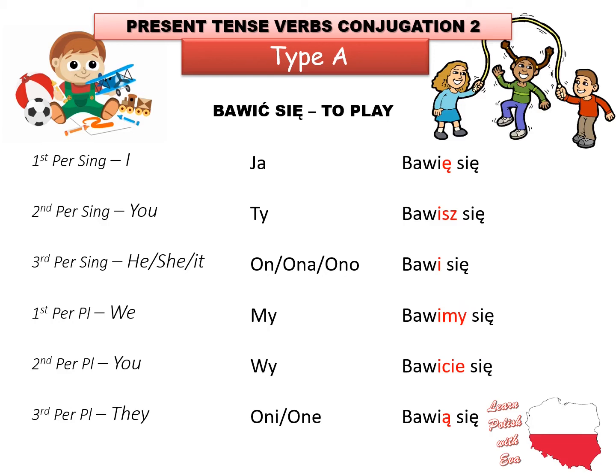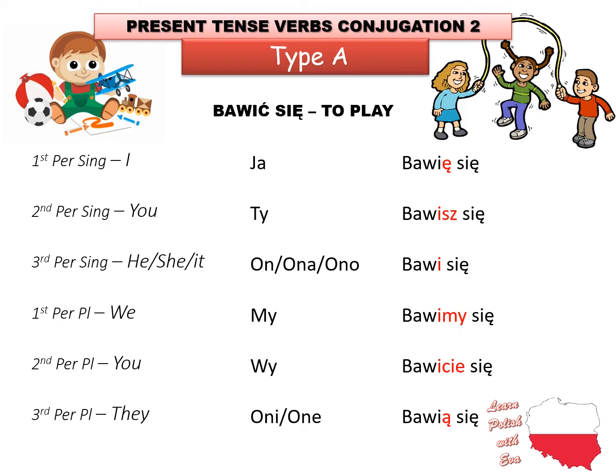Ja bawię się, ty bawisz się, on, ona, ono bawi się, my bawimy się, wy bawicie się, oni, one bawią się.